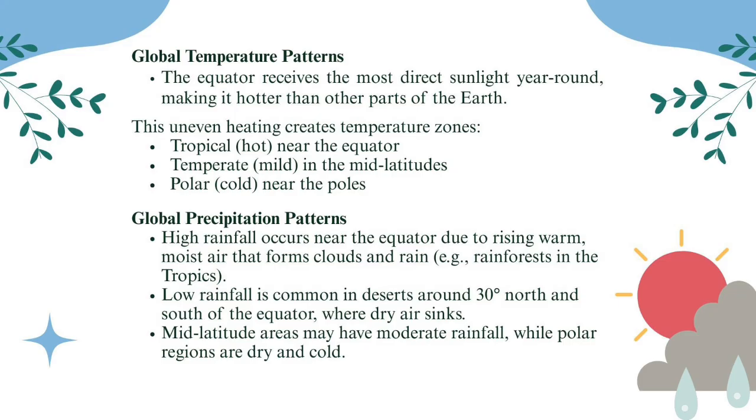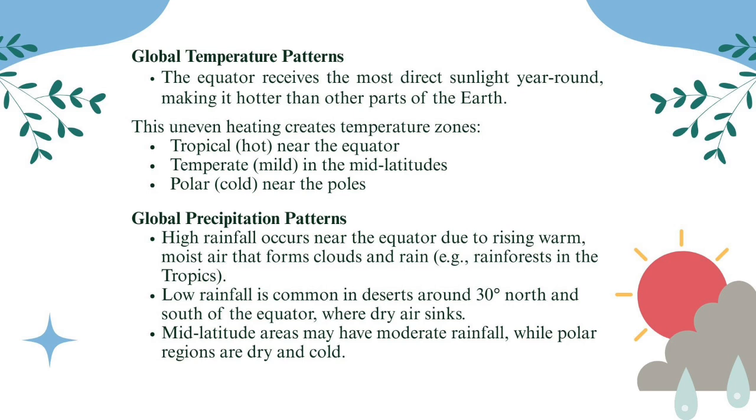Next we have the global temperature patterns. The equator receives the most direct sunlight year-round, making it hotter than other parts of the Earth. This uneven heating creates temperature zones.